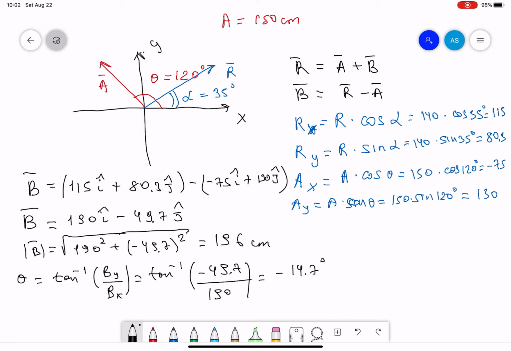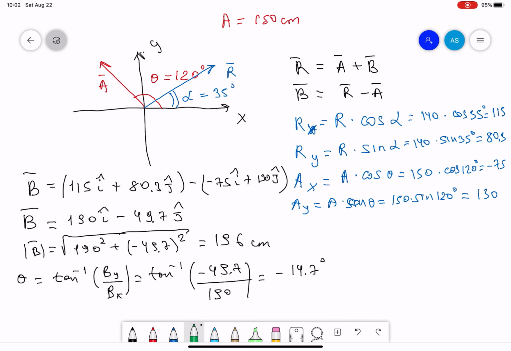Now we have to draw our vector so that it can be more clear, and we can also know from which angle we have to subtract 14.7. So how are we going to draw it? Let's draw our B vector here.